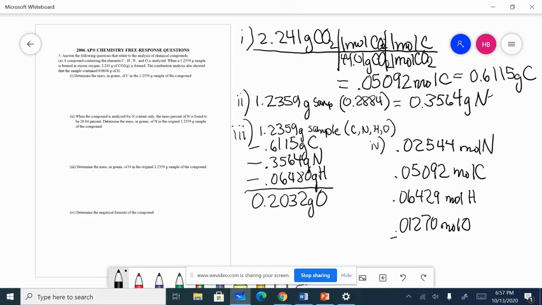Now we're going to compare by picking the smallest number, 0.01270, and dividing each of these by this.